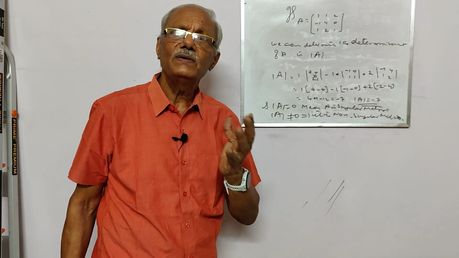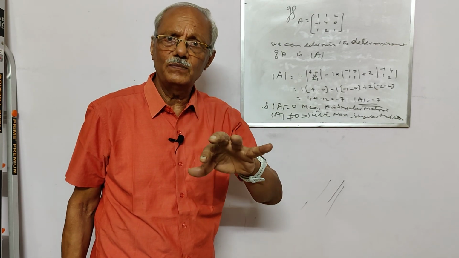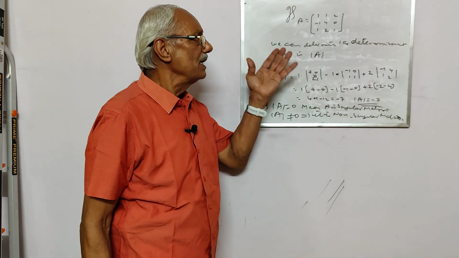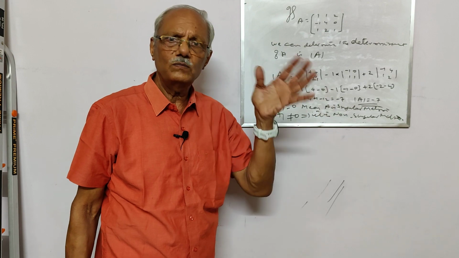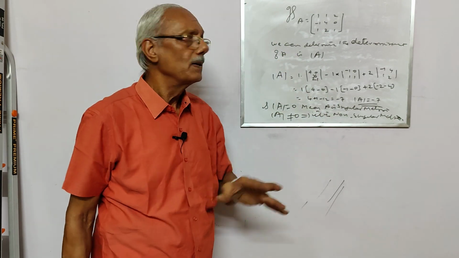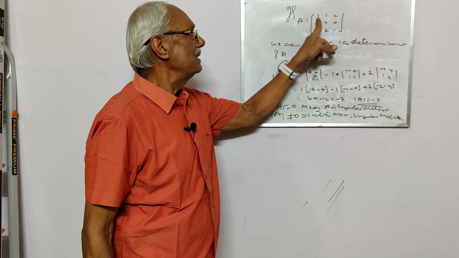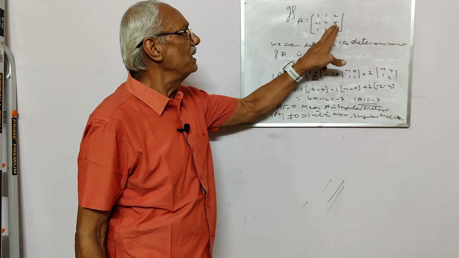The determinant may be even n cross n, but for getting the value of the determinant of A, the same method must be applied. Either I told you, go with the first row or second row or third row, first column, second column, third column, no problem at all. But you must understand that here it is plus, minus, plus. Suppose you are going to expand using this middle row.